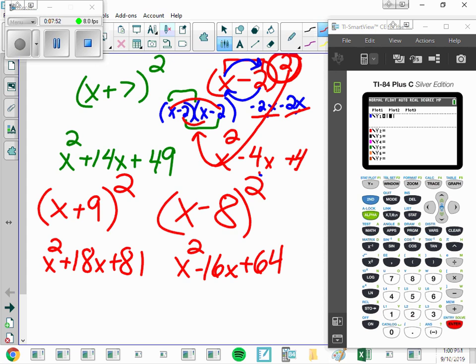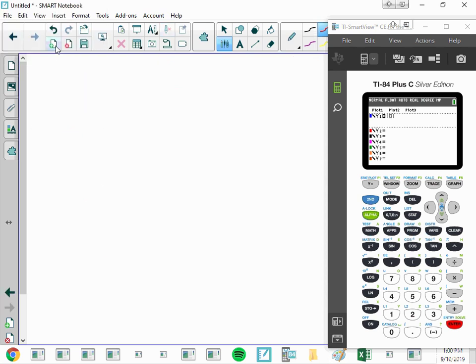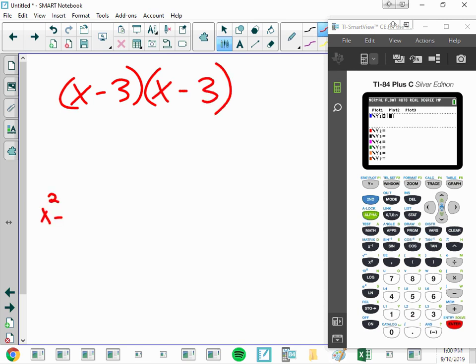Okay. Now, what happens if I make one little change? If I had x minus 3 and x minus 3, then we know that's going to be x squared minus 6x plus 9. Okay? But what if I go in and I change one of the signs?